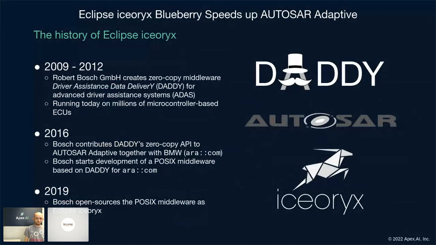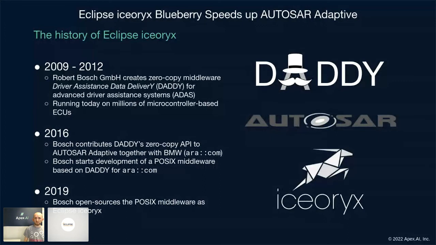All right. So between 2009 and 2012, Bosch created its zero copy middleware called DADI, which stands for Driver Assistance Data Delivery. And this was especially made for advanced driver assistance systems, sometimes also referred to as ADAS.